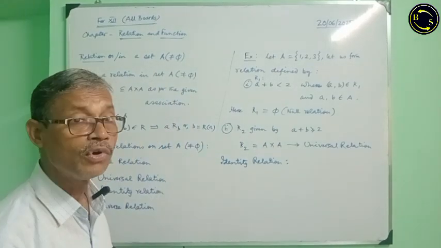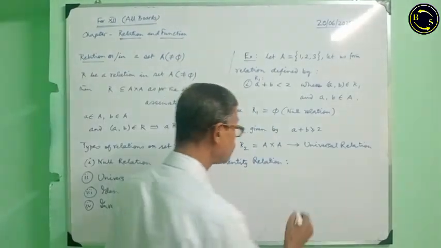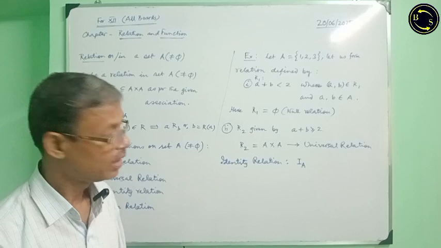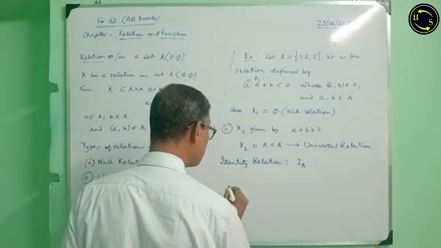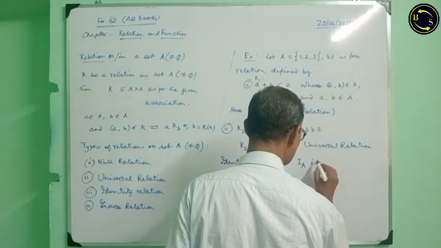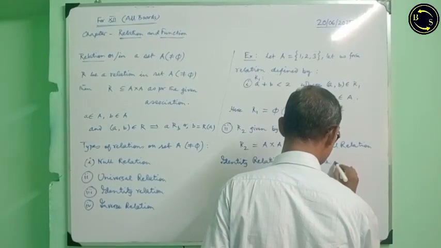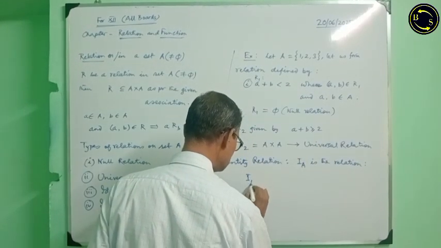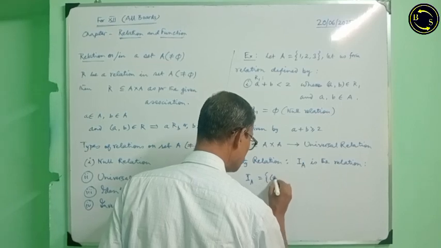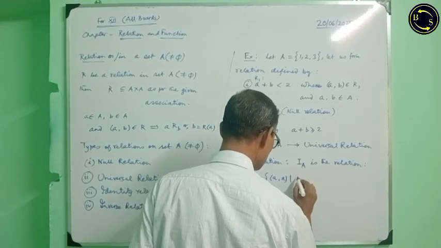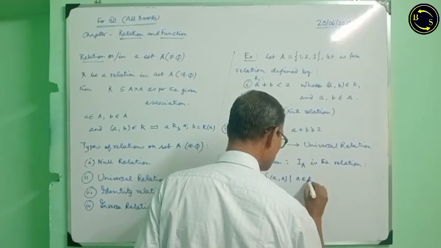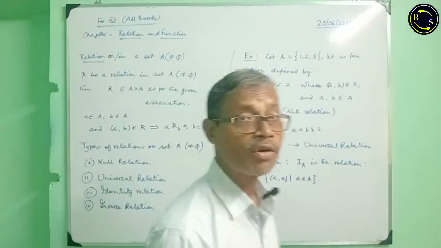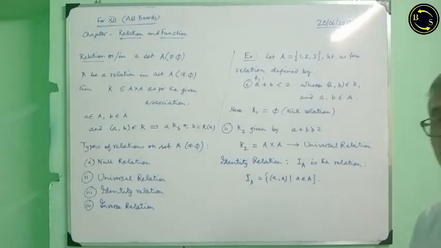The identity relation on set A is denoted by the symbol IA, and that relation is defined by the set of ordered pairs having both components equal.